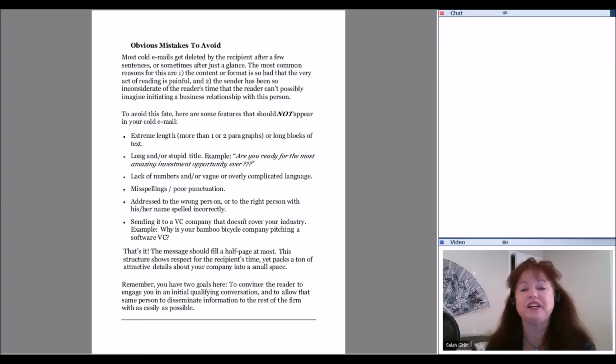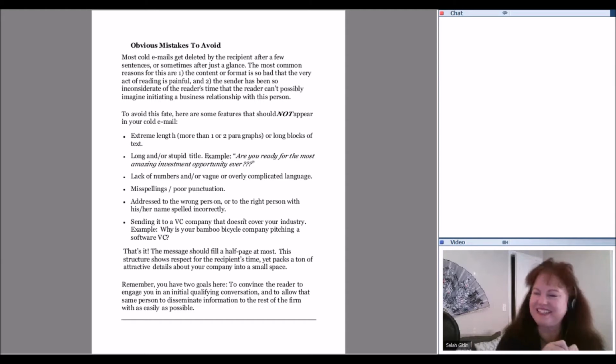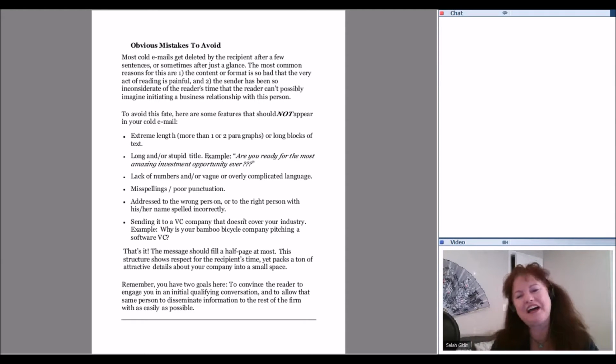Another way to put it is to engage you in an initial qualifying conversation, right? Meaning, can we go somewhere from here or not? So they're going to want to talk to you. It's kind of like a dating letter. How are you? I'll tell you a little bit about myself. And if you're interested, I'd love to talk to you. Let's just get in touch, whichever way you want.